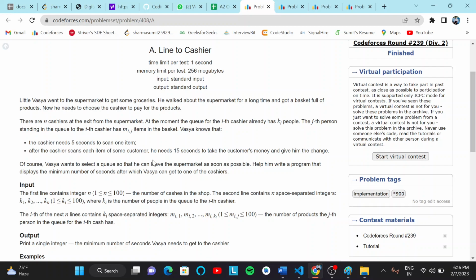At the moment, the queue for the ith cashier already has ki people. The jth person standing in the queue to the ith cashier has mij items in the basket. Vasya knows that the cashier needs 5 seconds to scan one item.